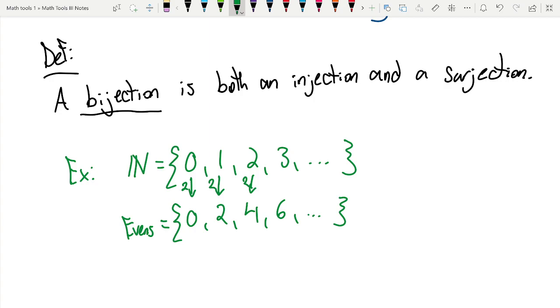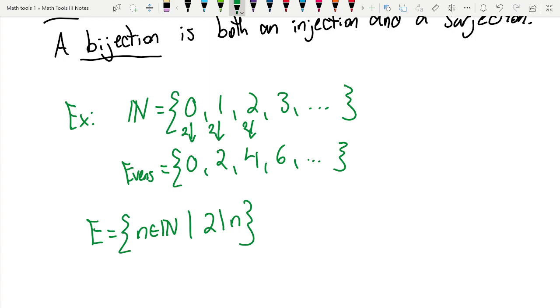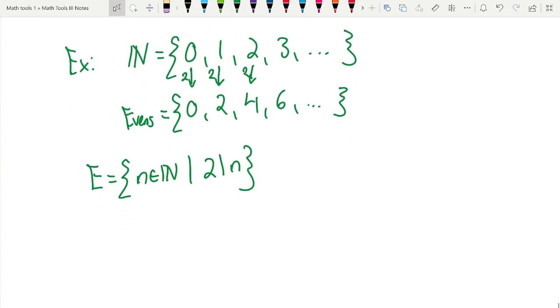So let's try to formulate that a little bit more now. Let E for evens be the set of n in N such that 2 divides n. So this is the set of even numbers, right?